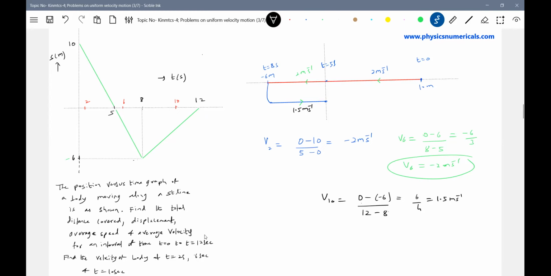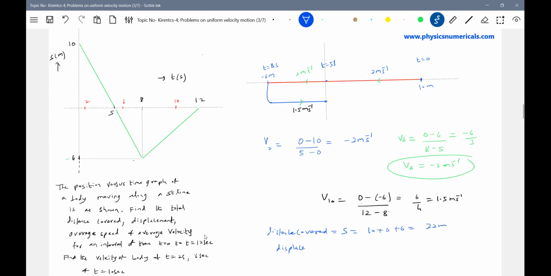So what is the total distance covered? Total distance covered should be equal to how much? 10 plus 6 plus 6, 22 meter.